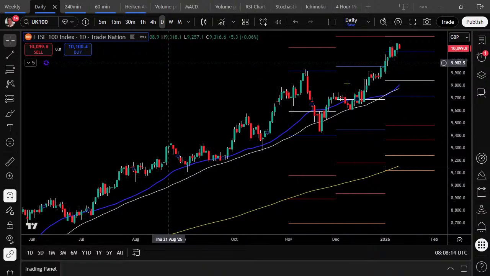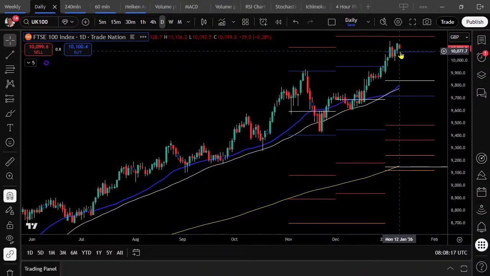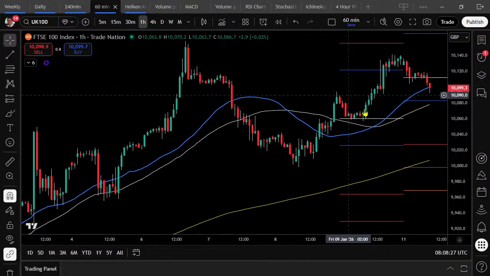The FTSE is quite similar in terms of its movement, pushing up there on Friday, not quite into the new highs on Friday, which it had done earlier in the week, but still looking quite bullish.